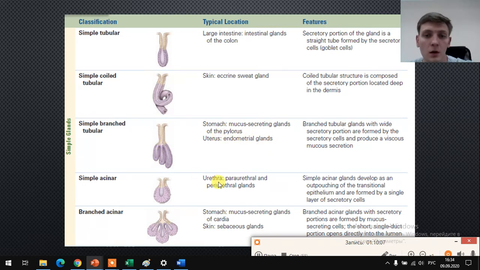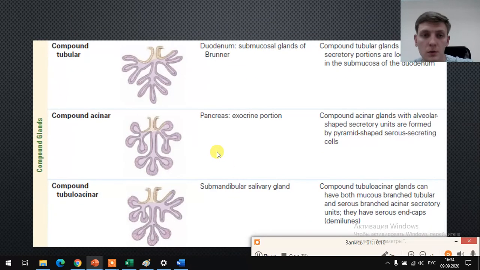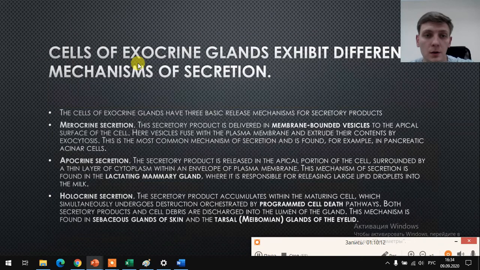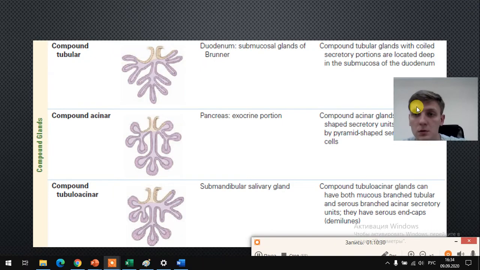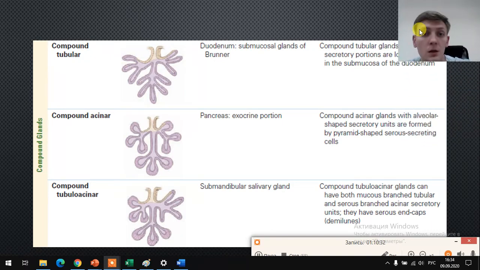Okay, and another example is the compound tubular gland. Unlike the branched tubular gland, it possesses a complex structure of tubes which release the secretion outside. So once again, check this out.